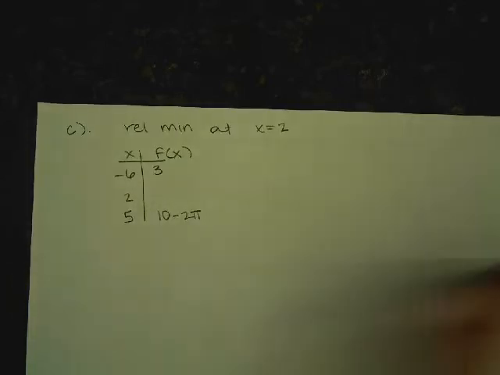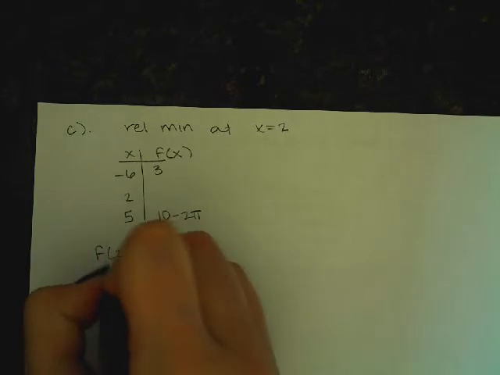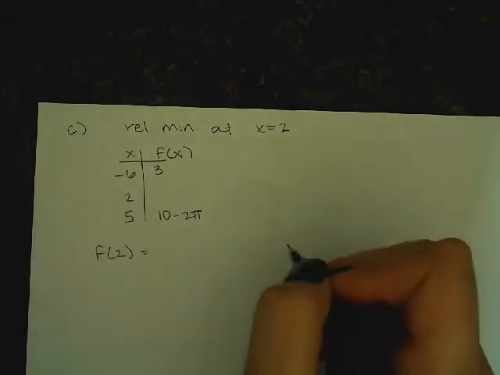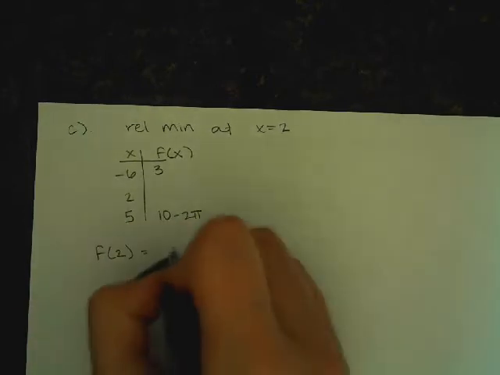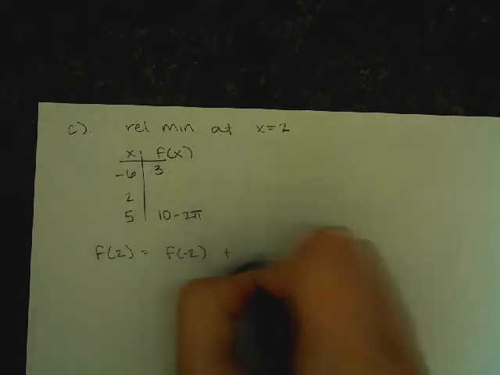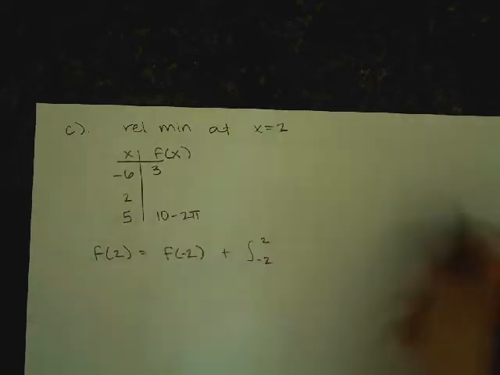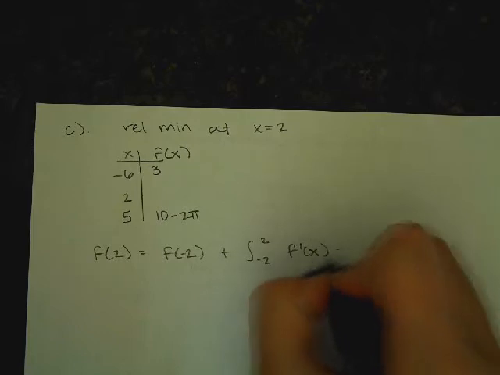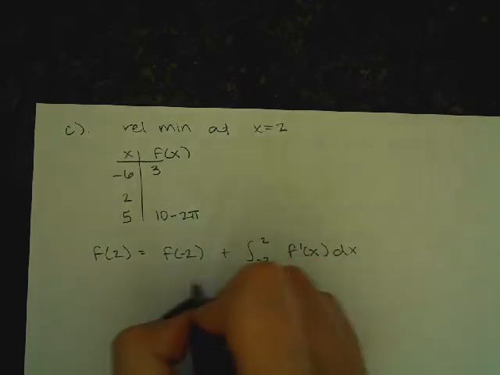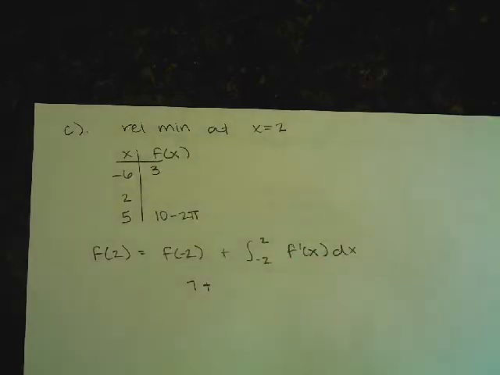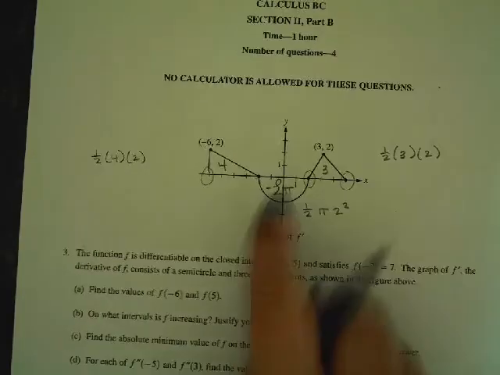So what I'm going to do first is say f of 2 should be f of -2 plus the integral from -2 to 2. And f of -2 was 7, and the area from -2 to 2 was -2 pi.